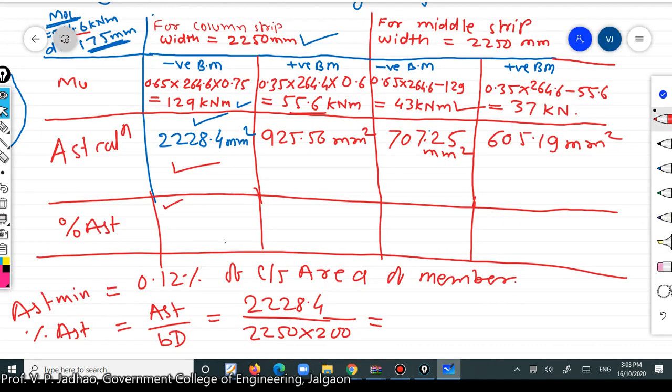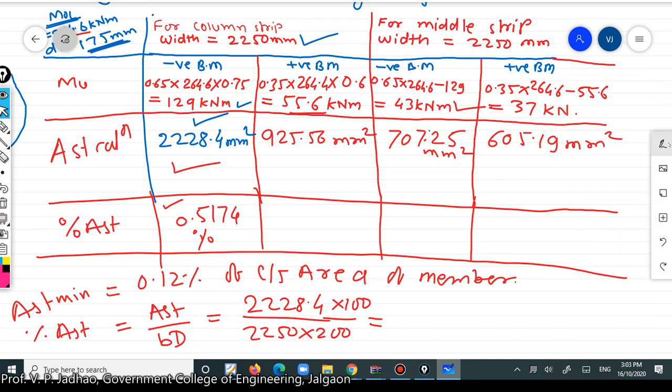Convert it into percentage, multiply with 100, so this will be 0.5174%.